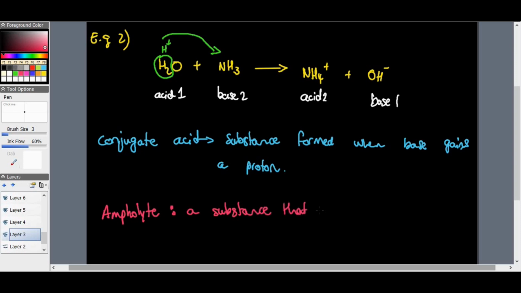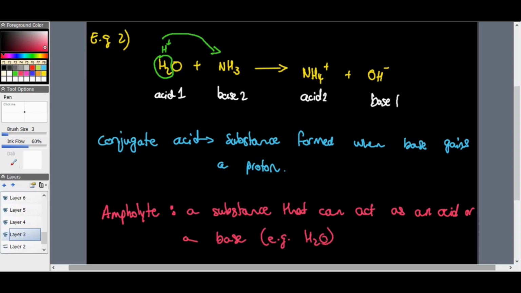that can act as an acid or a base. And one of those examples, of course, is H2O. Water is an ampholyte. It's ampholytic, okay?